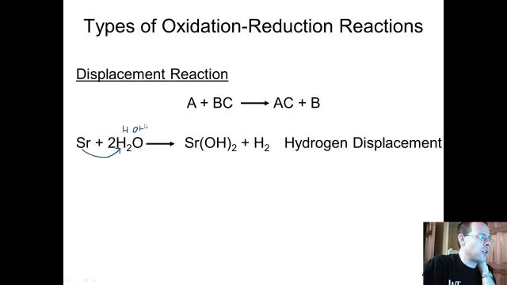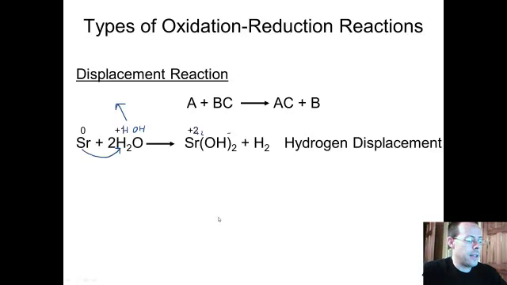There's another way to think about water. So this hydrogen leaves, and now strontium is with hydroxide. It's strontium hydroxide, and because of strontium's charge and hydroxide's charge, there'll be two hydroxides needed, which gives us our H2. Okay? So one type of displacement is hydrogen displacement.